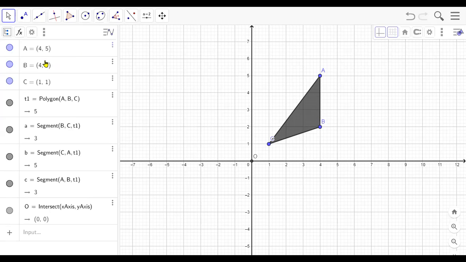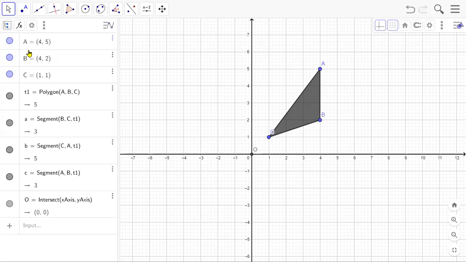Yes, sir. Okay. Are you understanding? Yes, sir. Okay. Then please tell me what will be the coordinate of c dash? -1, 1. Very good. And what will be the coordinate of a dash? -5, 4.